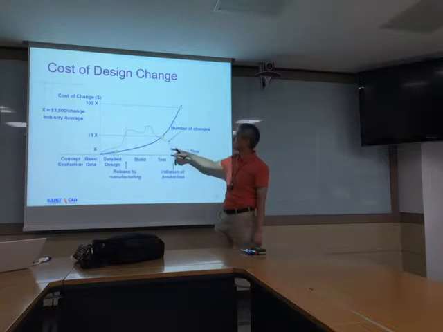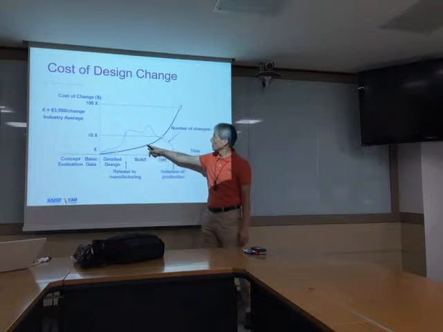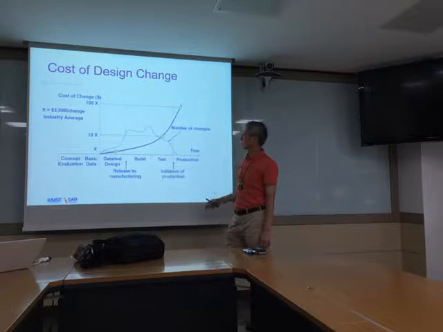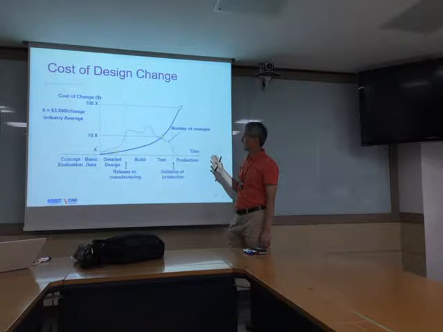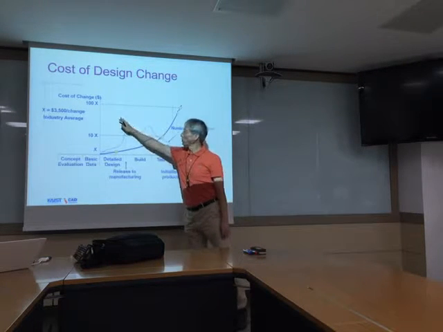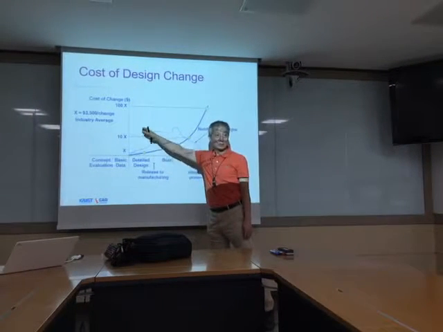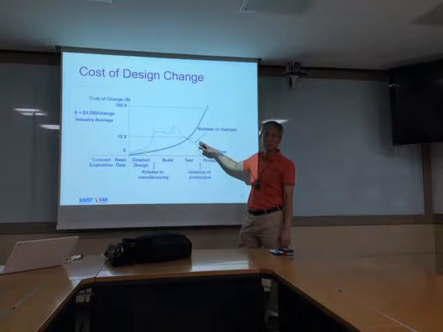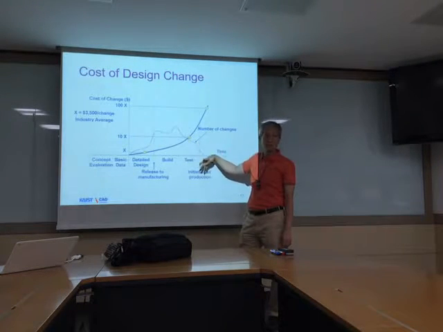But the cost of design change is rapidly increased. So it's better to make design changes more in the earlier stage of product development rather than the later stage of development, by using some simulation or theory or your experience or artificial intelligence somehow.